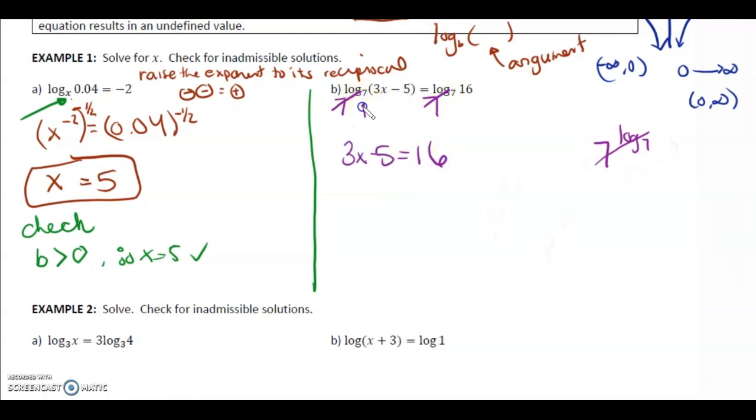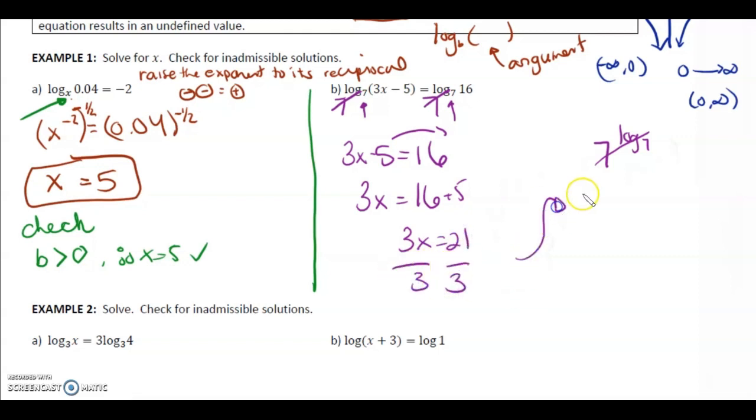It's a law that when we have logs of the same base, we can drop the logs and equate the arguments. We've seen this before. So bring over the negative 5: 16 plus 5, we get 3x equals 21, and we get x equals 7.